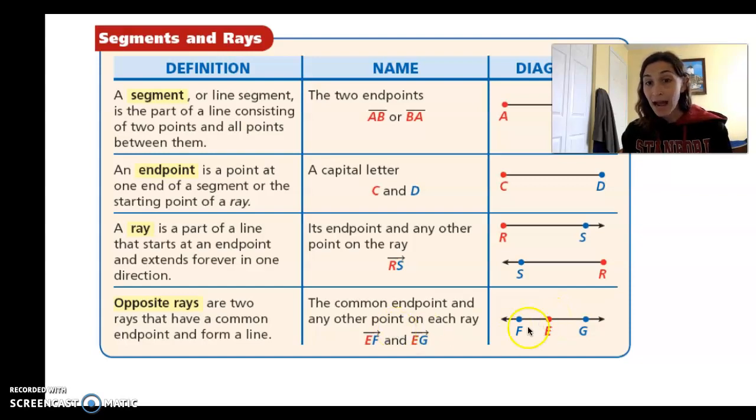So when you write it, I could write it as EF, because I'm starting at E and moving towards F. And I can also write my second ray as EG. I'm starting at my endpoint E, and I'm moving towards G. So you can notice when I'm writing it, on top, I draw a ray. E is my endpoint. It's always going to be where my endpoint is, and F goes along where it's going forever.